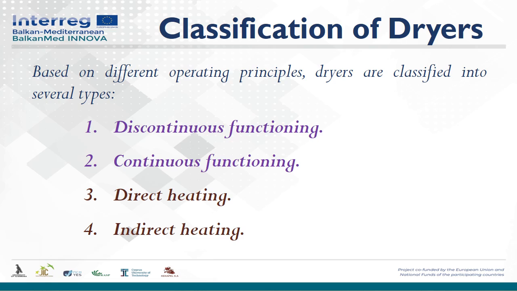Direct heating and indirect heating. The material during direct heating is placed in contact with the hot gases that provide the vaporization of the water. But in indirect heating, the food is separated from the heat source by a physical barrier such as a metal surface.